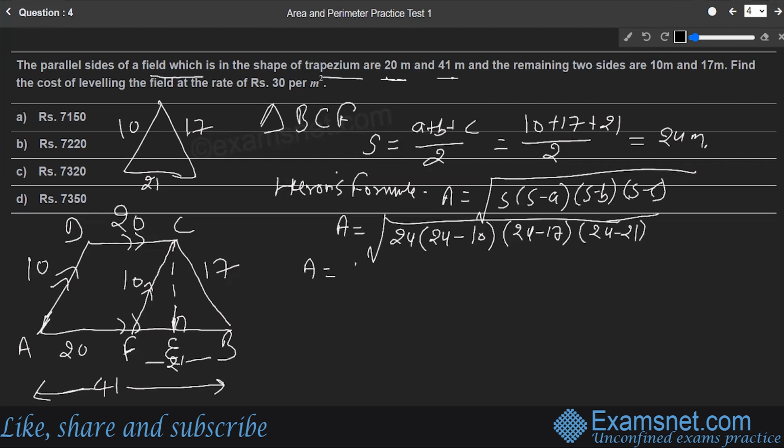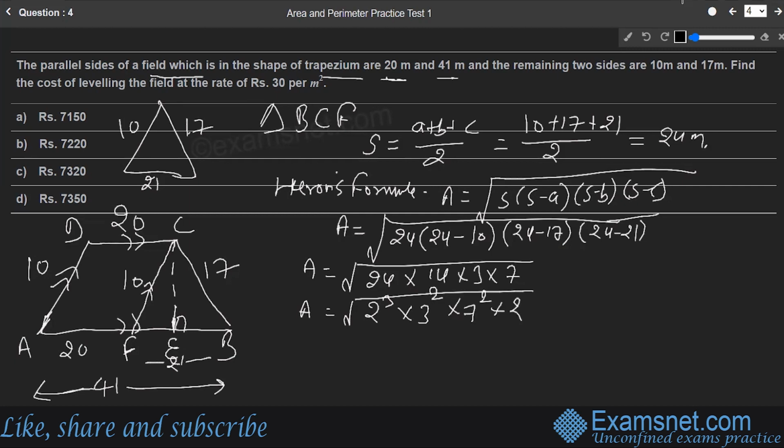Area is equal to the square root of 24 into 14 into 3 into 7. By doing the factors, we can find the square root. 24 can be written as 2 cube into 3. Then one 3 is from here, one 3 is from 24. So it can be written as 3 square into 7 square into 2 to the power 4. If we take the powers out, then the area is equal to 84 meters square.